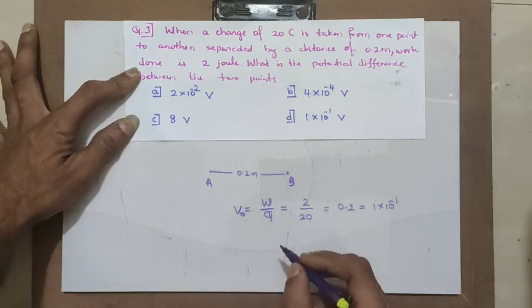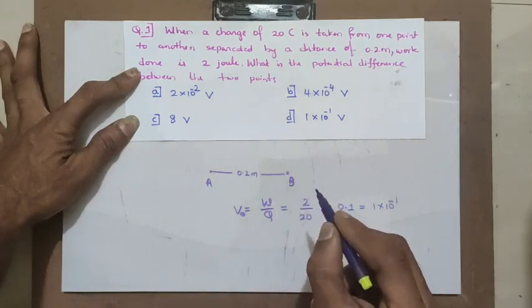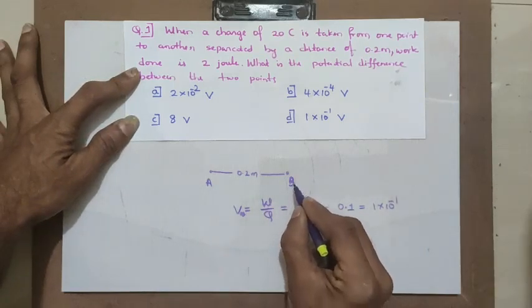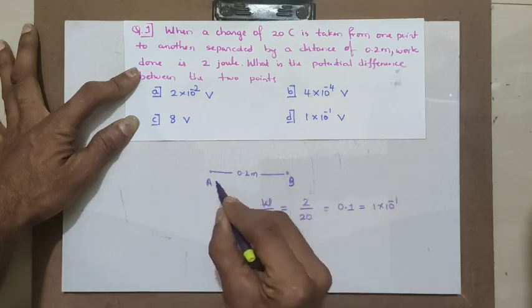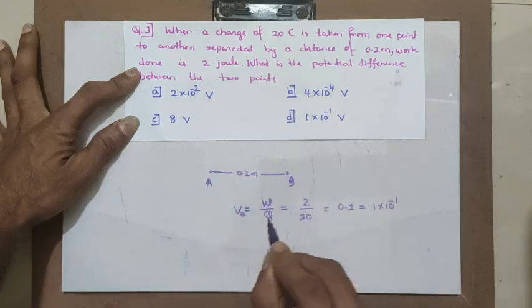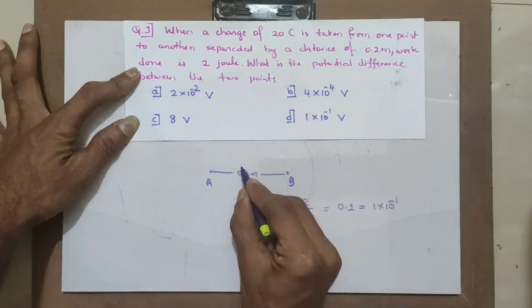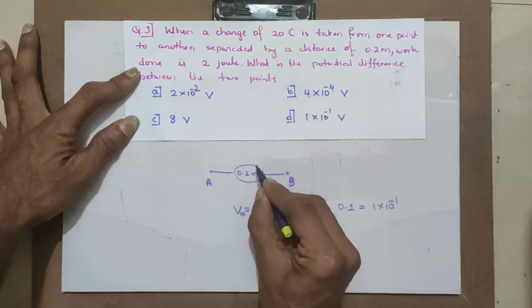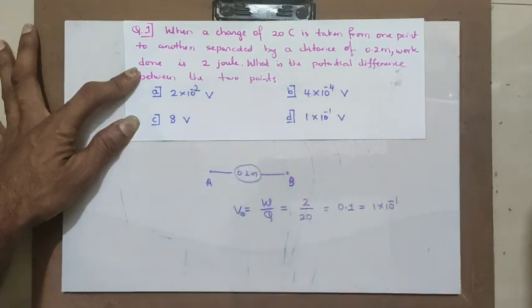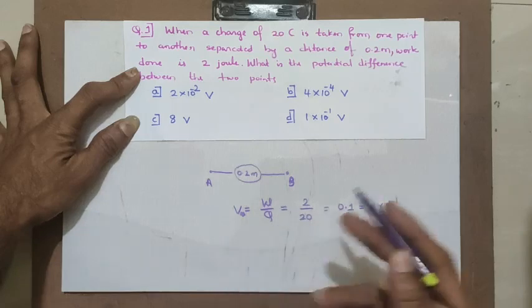Please note that the work done in electrostatic conditions to move from one point to another, A to B or B to A, is independent of the distance. This is a very important point. If I ask what is the potential difference between point A and B, even if the distance is changed to 0.8 meters, the answer is the same.